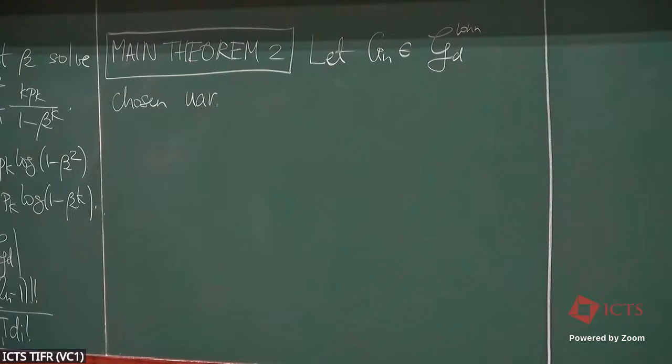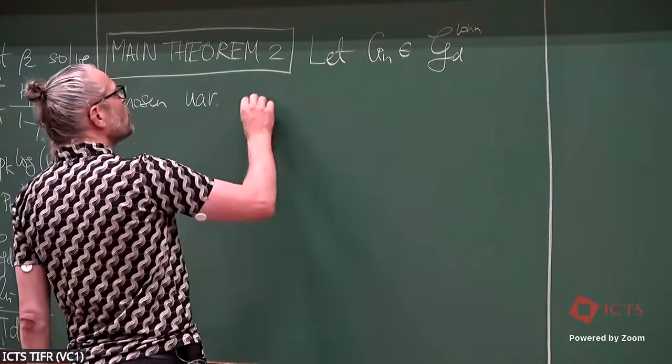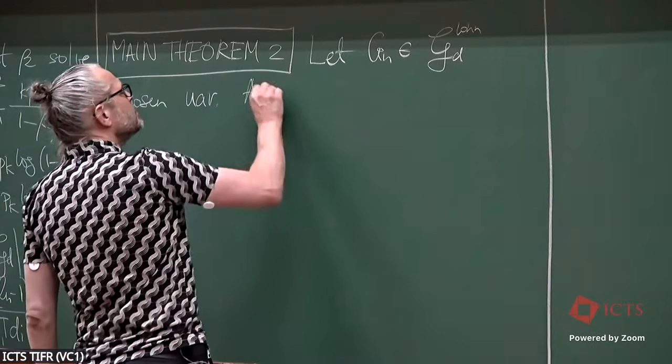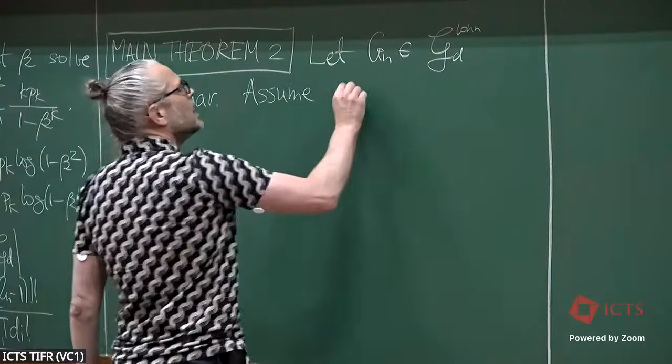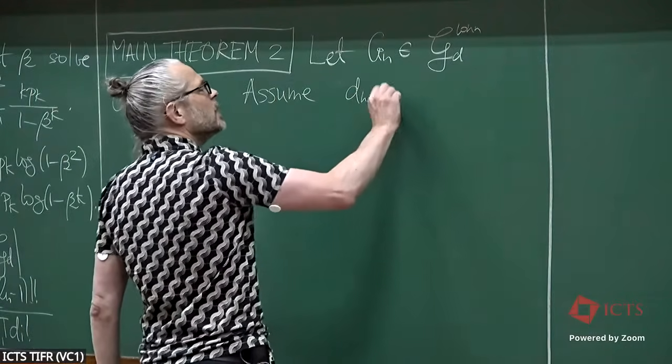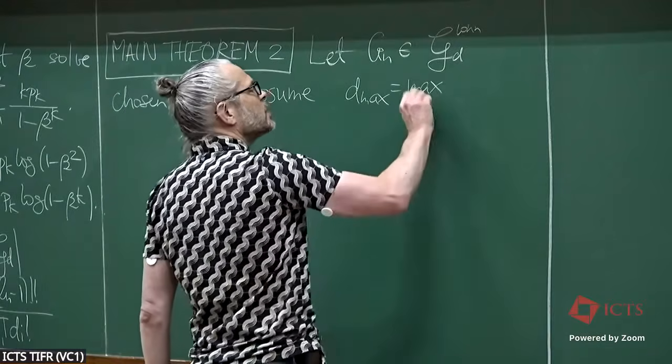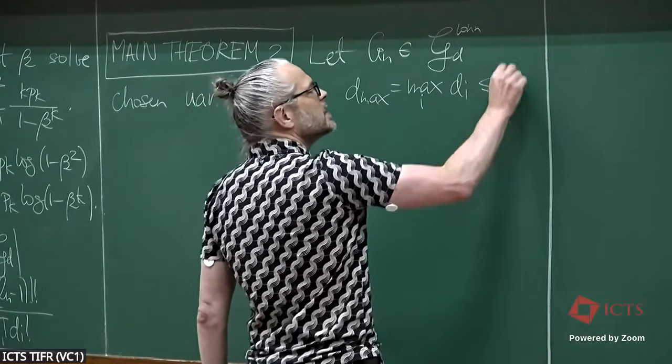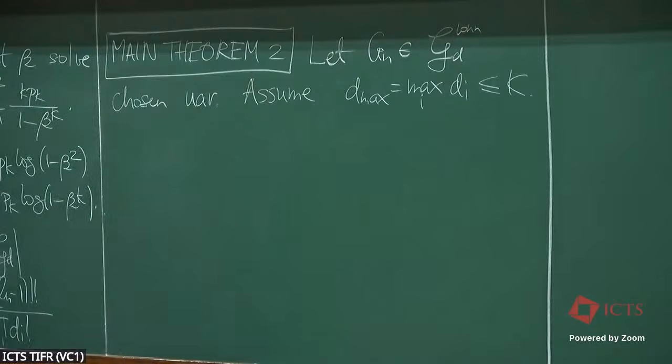And now the question is, what is the structure? Here I have to make a stronger assumption, namely that the maximum degree, which is just the maximum over all vertices of di, is less than or equal to K. There's only a finite number of values of the degree that occurs in my degree sequence.